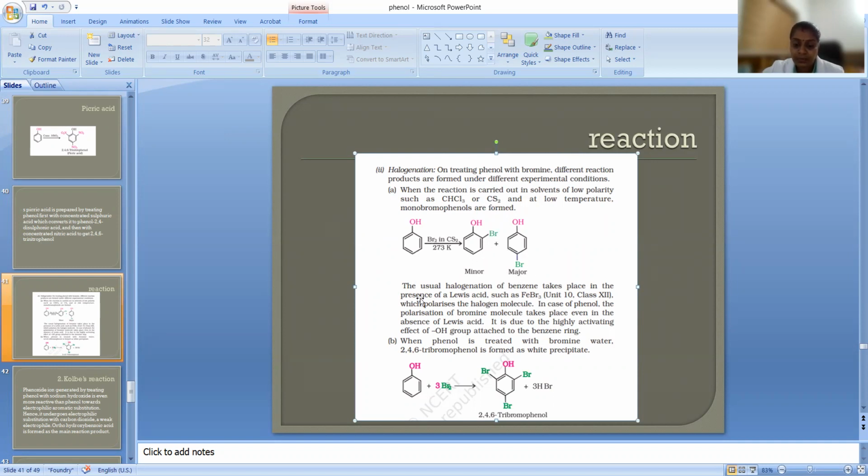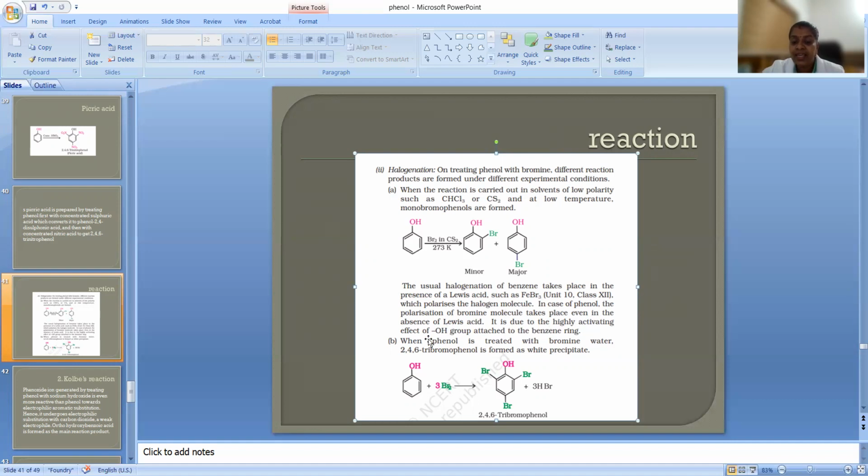Usually, halogenation takes place in the presence of a Lewis acid like FeBr3, which polarizes the halogen molecule. In the case of phenol, the polarization of the bromine molecule takes place even in the absence of a Lewis acid, so we are not using a Lewis acid here.